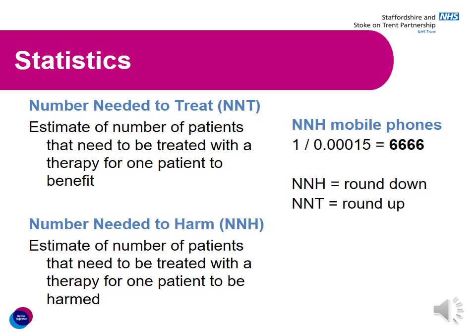6,666. In other words, if we gave 6,666 people a mobile phone, then one of those would have their ears drop off compared to if they didn't have a mobile phone. And the comparison is important because the absolute risk reduction, or the absolute risk increase in this case, has to come from the baseline as a starting point.